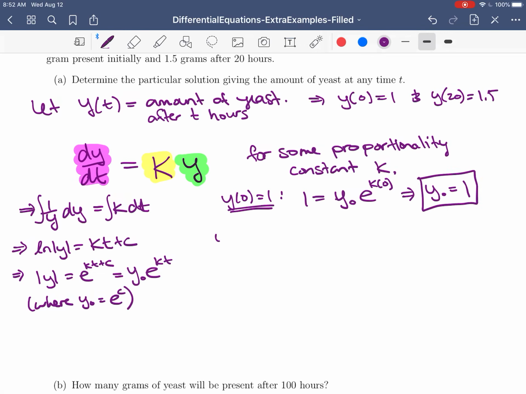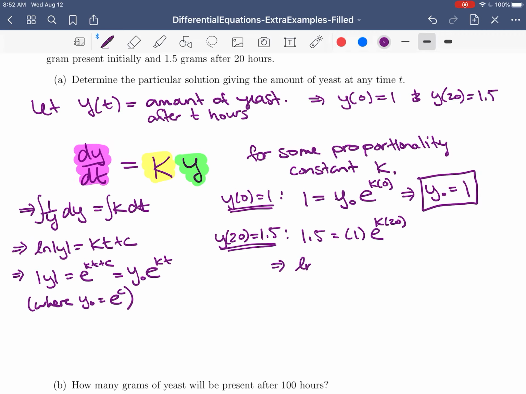Okay, now if I use the other condition, so y of 20 is equal to 1.5. So that means that 1.5 is equal, so I would replace y0, I know that's 1 now. And now this is e to the k times 20. So now I want to solve for k.